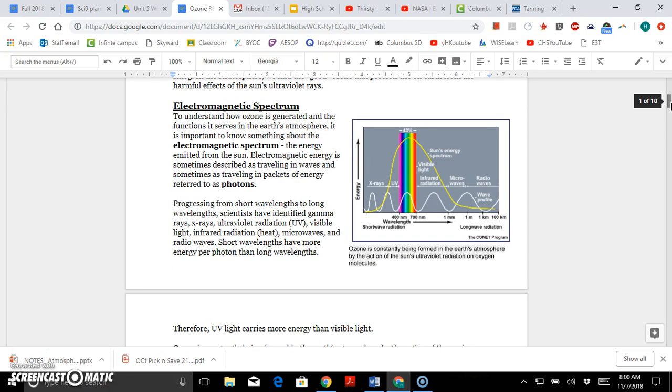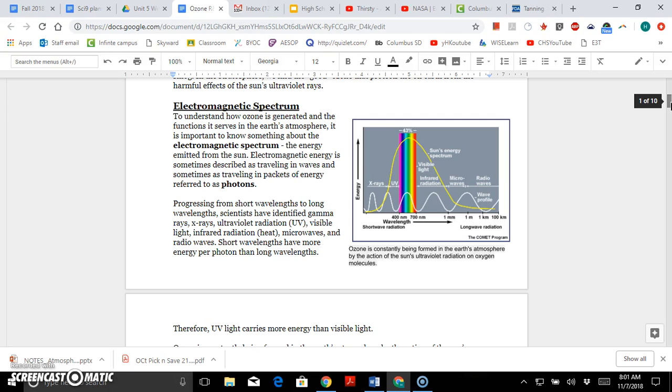To understand how ozone is generated and the functions it serves in the Earth's atmosphere, it is important to know something about the electromagnetic spectrum, the energy emitted from the sun. Electromagnetic energy is sometimes described as traveling in waves and sometimes as traveling in packets of energy, referred to as photons.